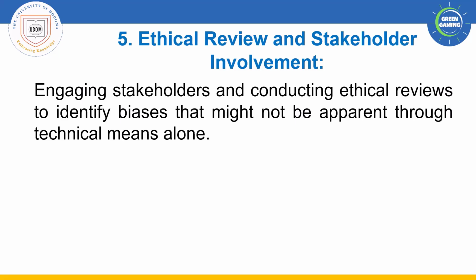So this is what we call ethical review and stakeholder involvement, whereby we involve stakeholders in identifying different kinds of bias that might not be apparent through technical means alone. So we need to do ethical review and involve stakeholders.